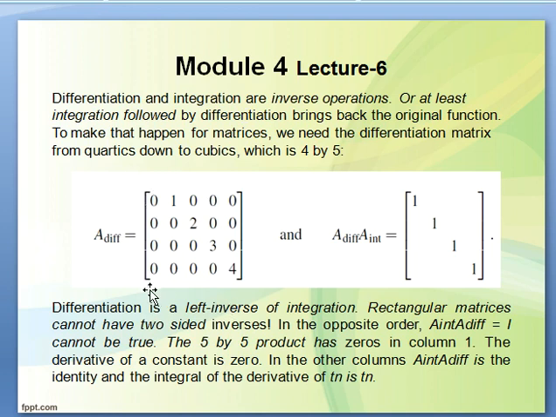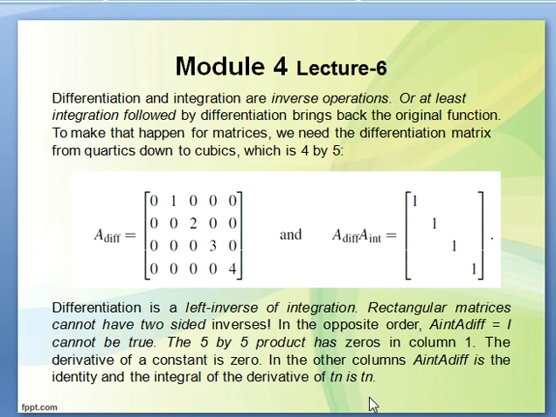A 4-degree differential equation will be a 5 by 5 matrix. For 3 degree it was a 4 by 4; if it is 4th degree, then it is a 5 by 5 matrix.